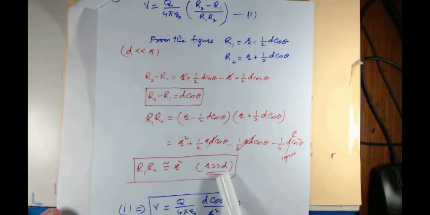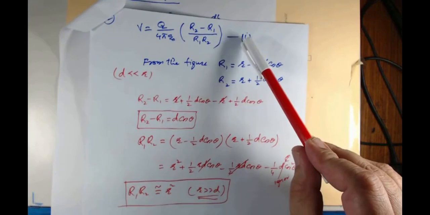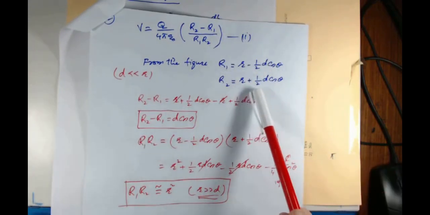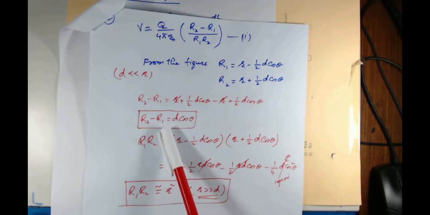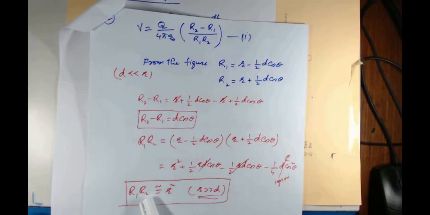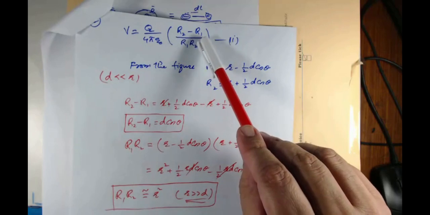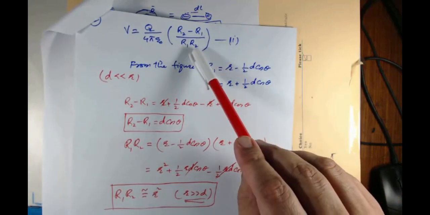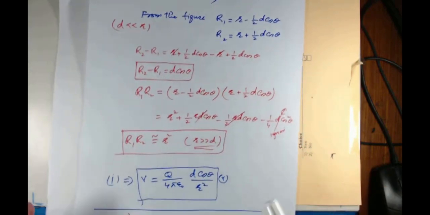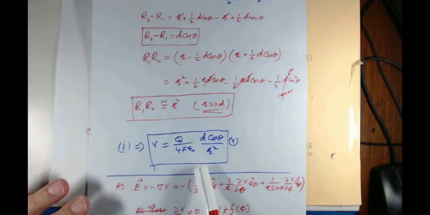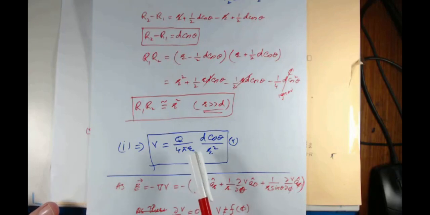So plugging into equation number 1, using R2 minus R1 equal to d cosine theta and R1 times R2 equal to r square, we obtain this relation, written in blue color.